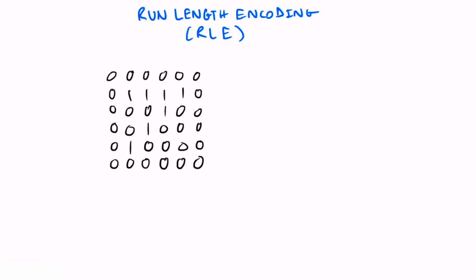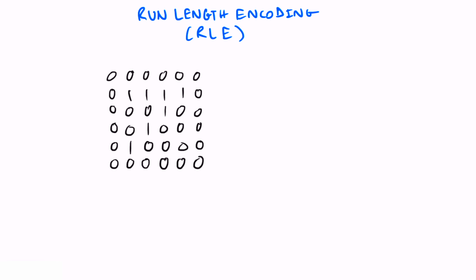So let's take a look at run length encoding and how it will compress our image here. This image represents the number 7, where ones represent white and zeros represent black. Run length encoding works by finding consecutive runs and labeling them.